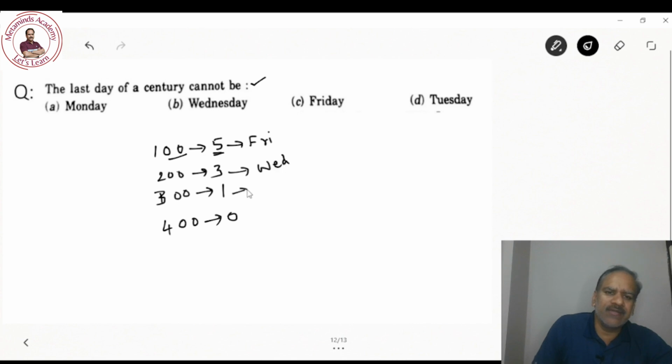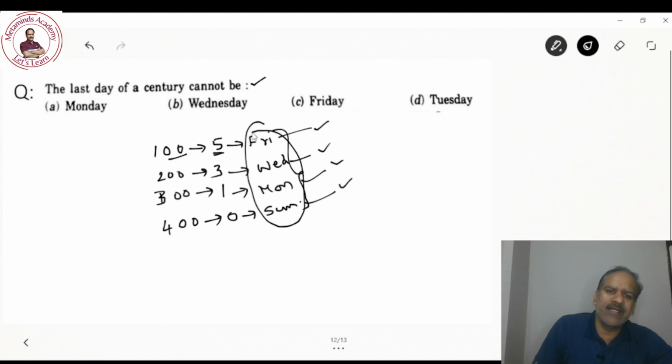The last day of 300 years is 1, which means Monday. The last day of the first 400 years is Sunday. So this will be repeated for the 500th year, 600th year, 700th year, 800th year, and 900th year. Like that, these 4 days will be repeated. The other 3 days will never repeat. They will never come on the last day of any century.